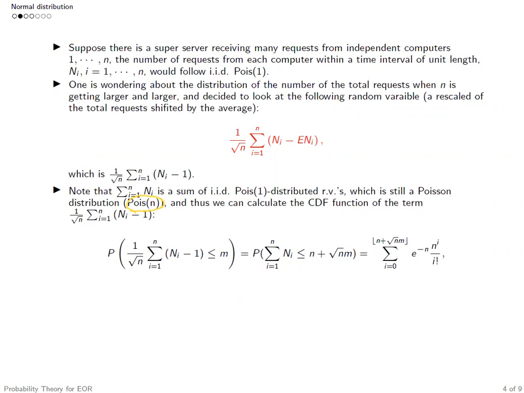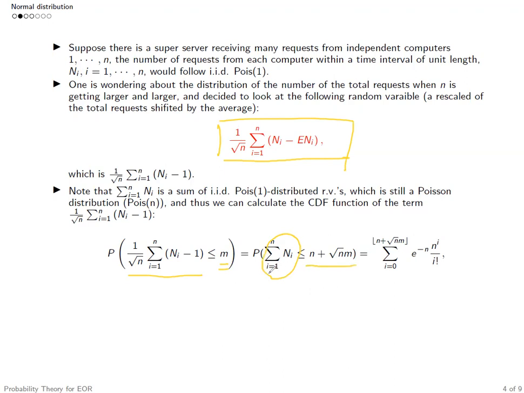Based on this, we can directly calculate the CDF of the term in red. The probability of this term being smaller than or equal to a given number m is essentially equal to the probability that the summation is smaller than or equal to the corresponding number.